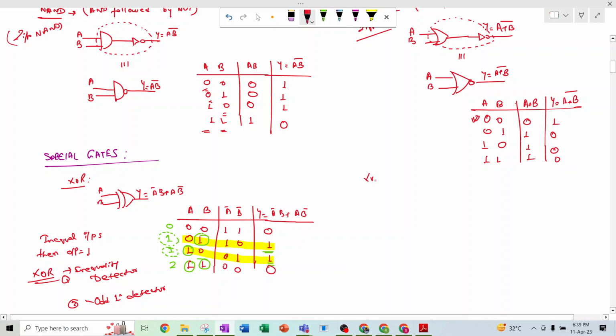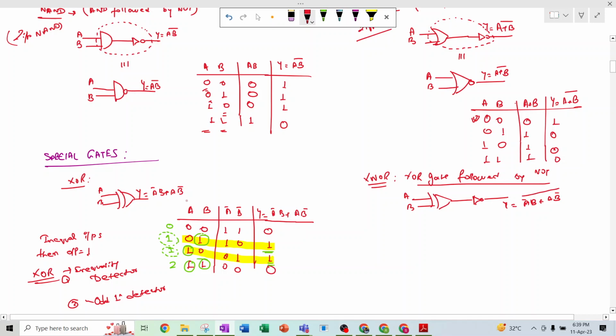Next I will move to the XNOR. For the XNOR gate, the symbol is... XNOR is basically an XOR gate followed by a NOT gate. So this is an XOR gate, and if we add a NOT gate or an inverter there, we get A bar B plus A B bar, this complement.